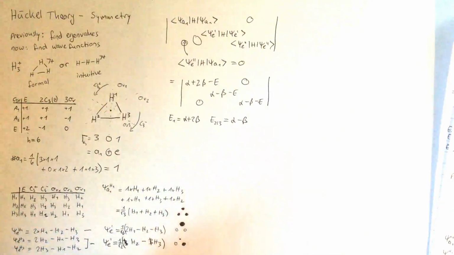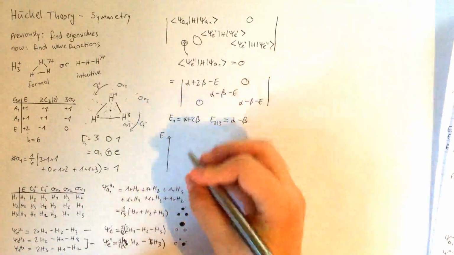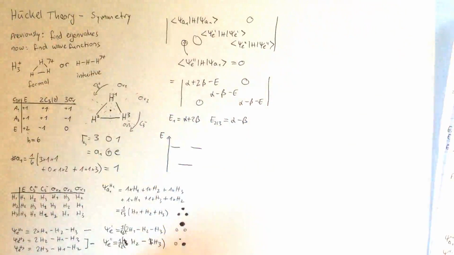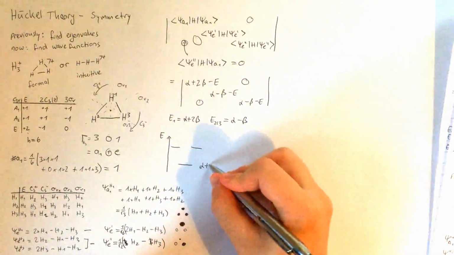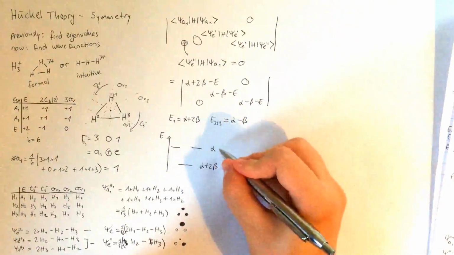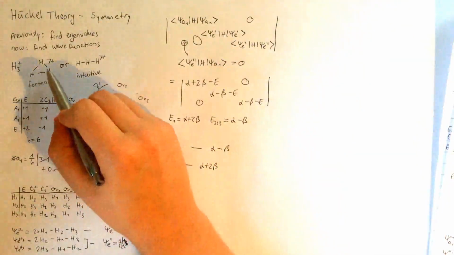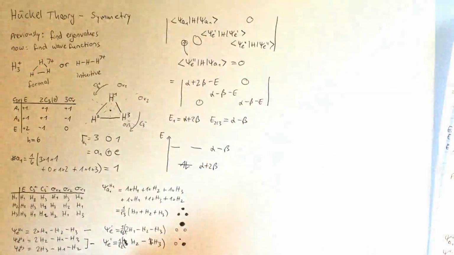So if I now draw an energy diagram, we have one level at the bottom and 2 levels above it. The one at the bottom is at alpha plus 2 beta, and the one above at alpha minus beta. And in H3 plus, we have 2 electrons to fill, so I fill them on the lowest level.